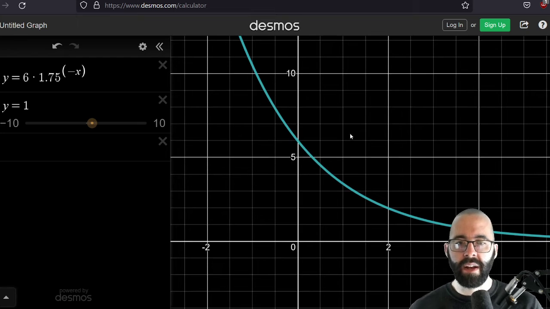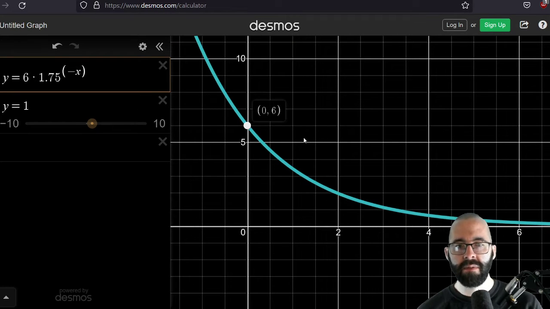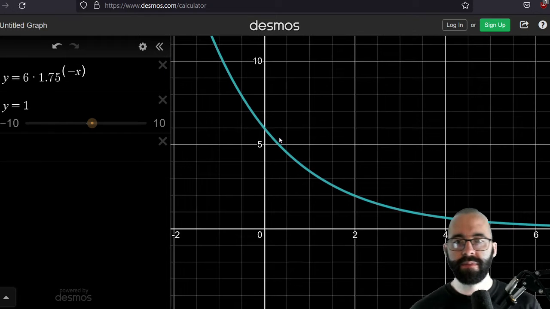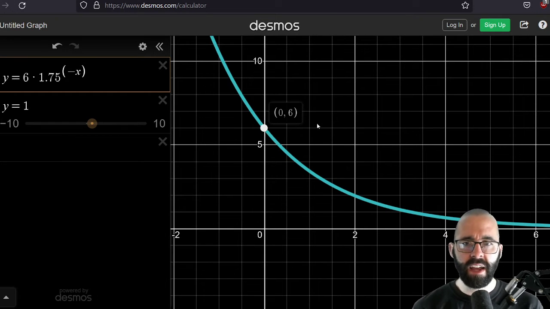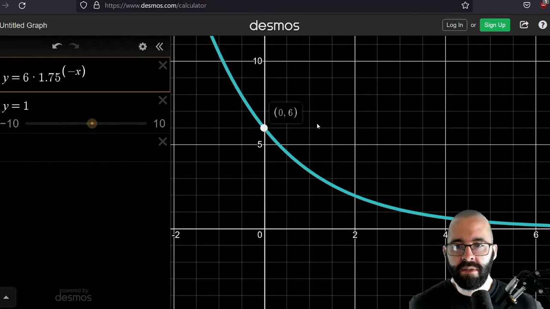All right, so we got an asymptote at 0, a y-intercept up here. You can decide on your scale. I think our scale going up to 10 is pretty good for the y values.